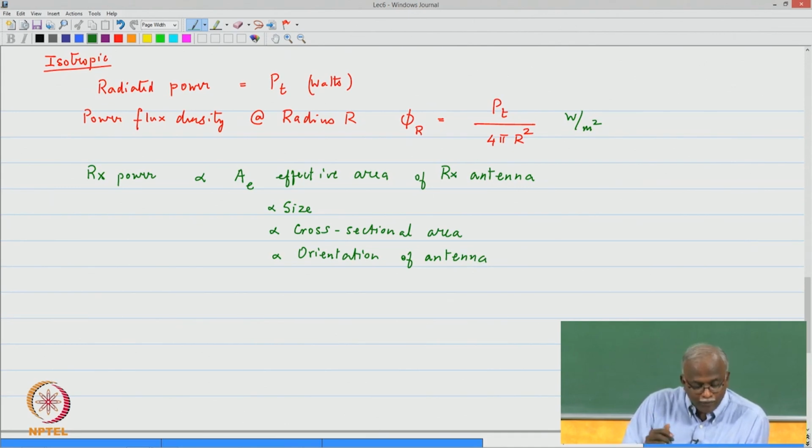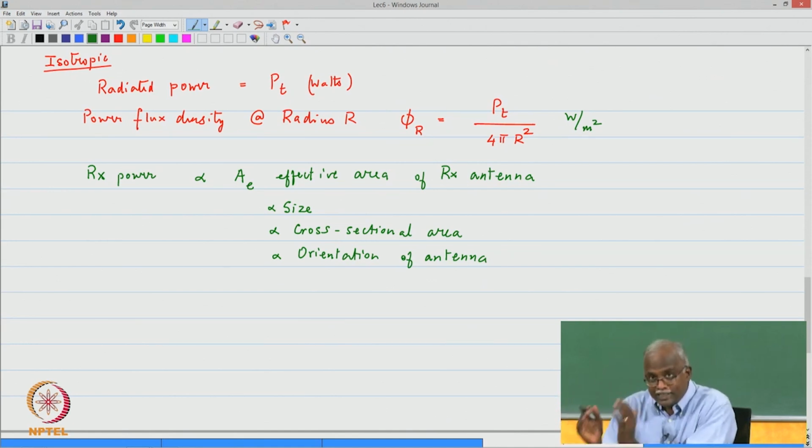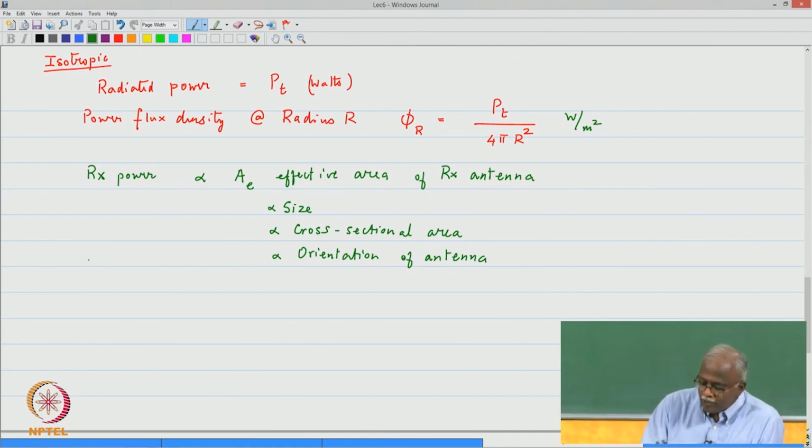Now, we have the power flux density, which is P_t by 4 pi r squared. The power flux density multiplied by the effective area of the receive antenna is going to be my received signal power. So, if we assume that, just like we had an isotropic transmitter, we also have an isotropic receiver, a point source isotropic receiver.